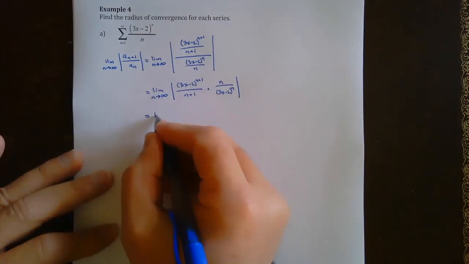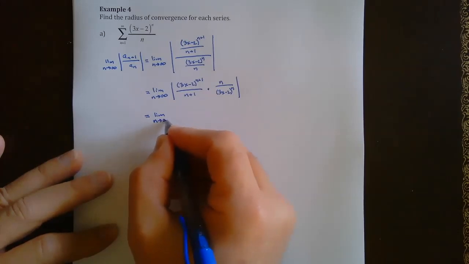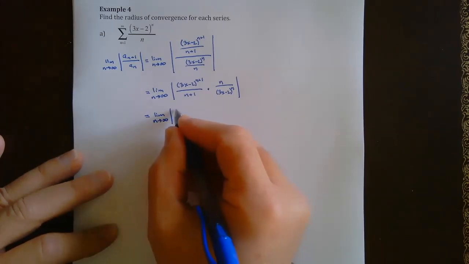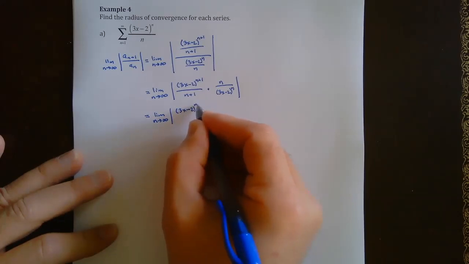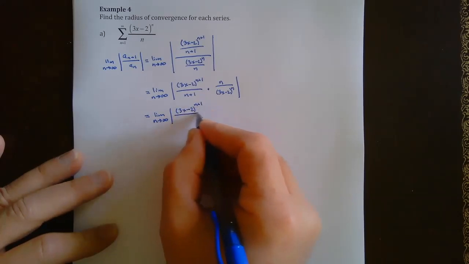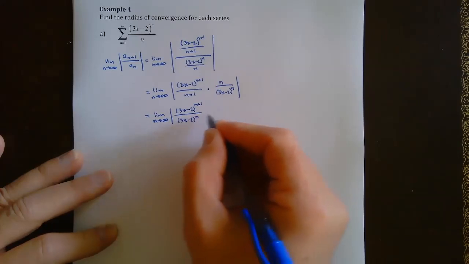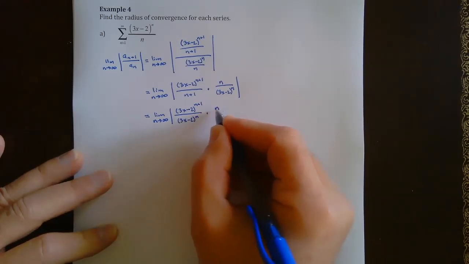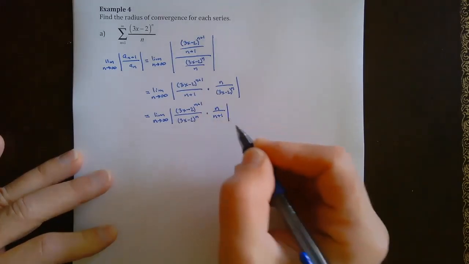We did this before when we did the ratio test the first time. So absolute value of 3x minus 2 to the n plus 1 over 3x minus 2 to the n, and then times n over n plus 1, close the absolute value.